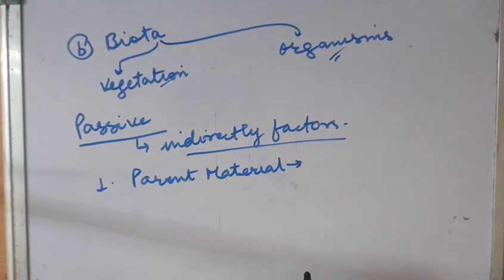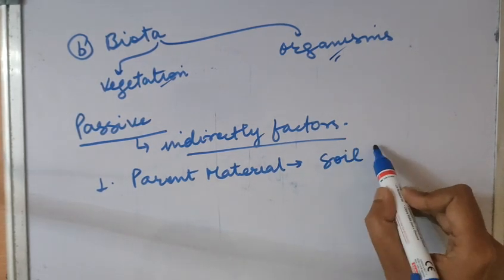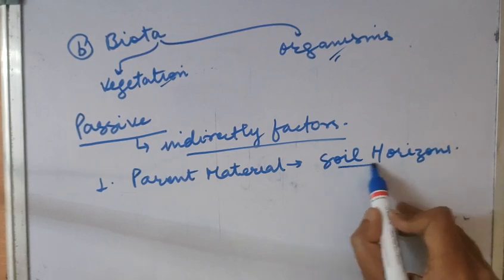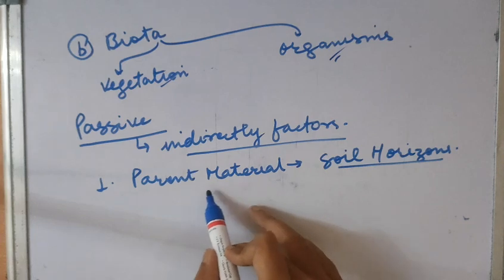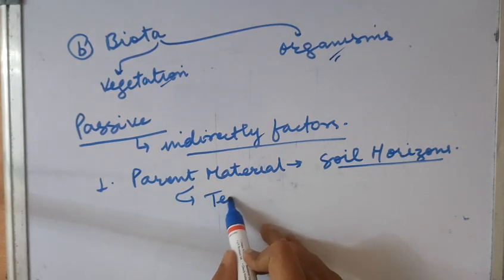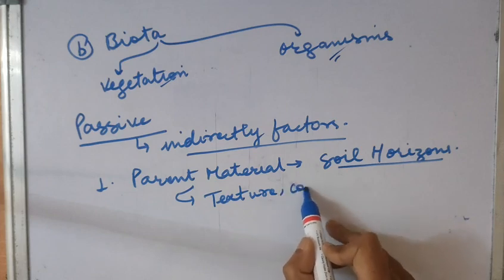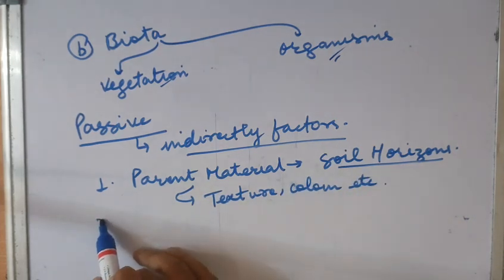This is the factor through which soil horizons are formed. It is the underlying geological material which forms the soil horizon. Different types of parent materials form different types of horizons, and characteristics like texture, color, etc. are dependent on parent material.